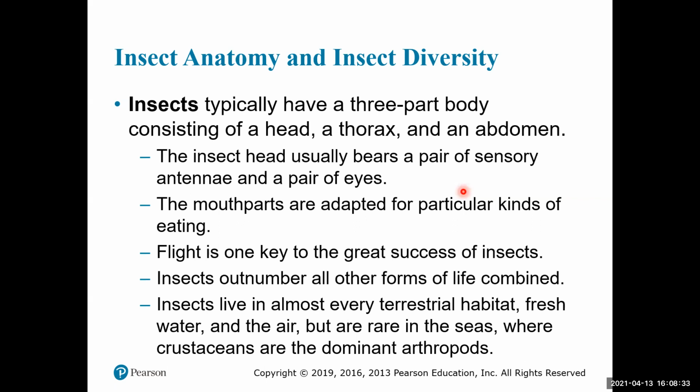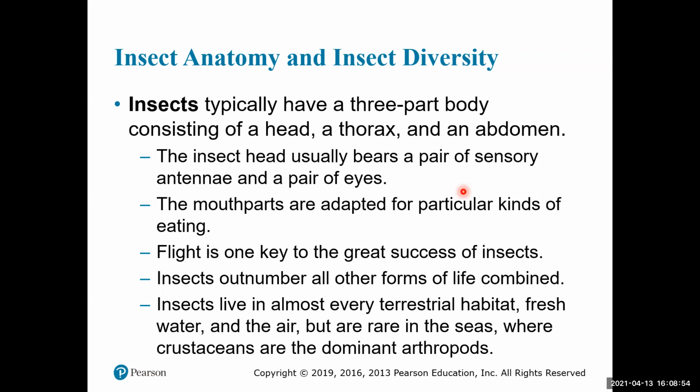And so insects, like I just mentioned, can live in almost every terrestrial habitat, fresh water, the air. We don't really find a lot of insects in the seas, and that's typically where you see crustaceans as a dominant arthropod. And we don't really see a lot of crustaceans on land, like the roly-poly is pretty much all we see.